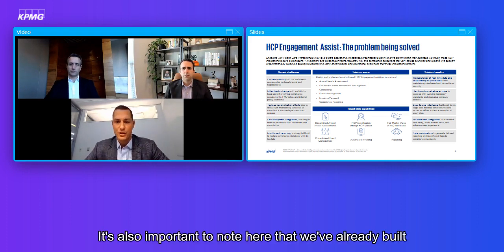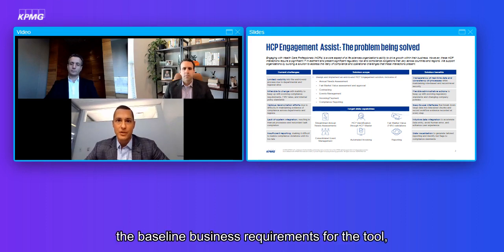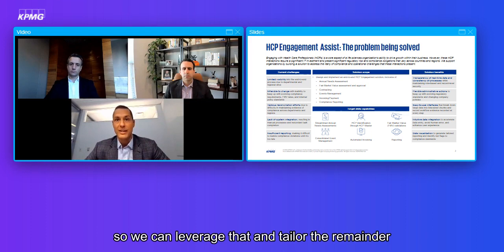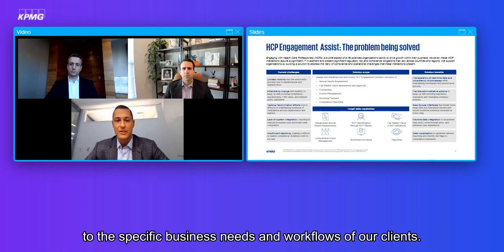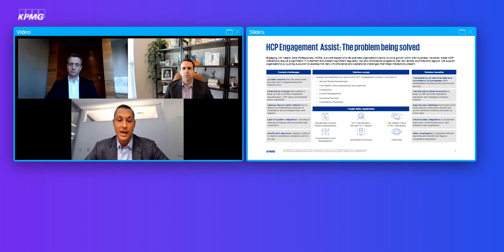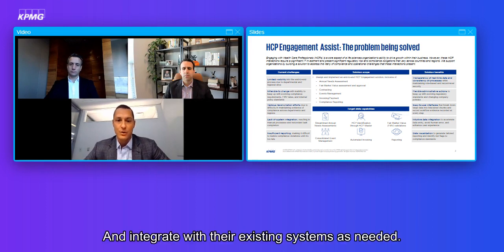It's also important to note here that we've already built the baseline business requirements for the tool, so we can leverage that and tailor the remainder to the specific business needs and workflows of our clients and integrate with their existing systems as needed.